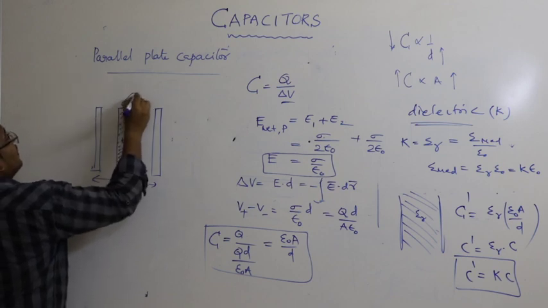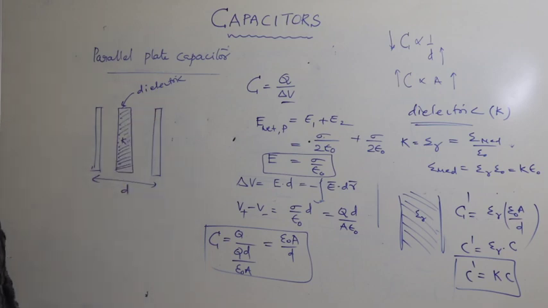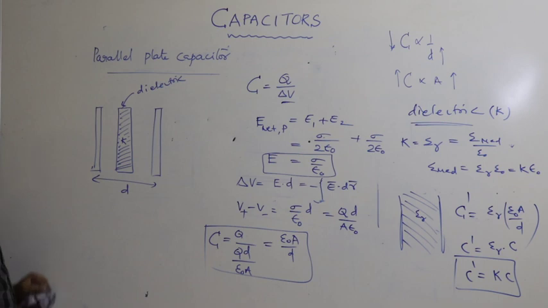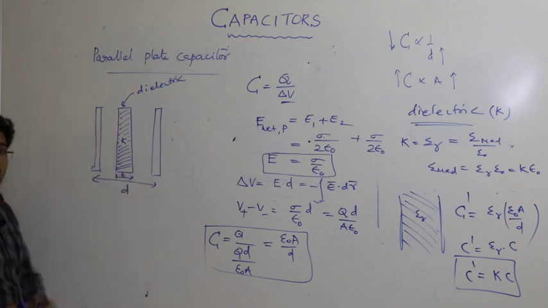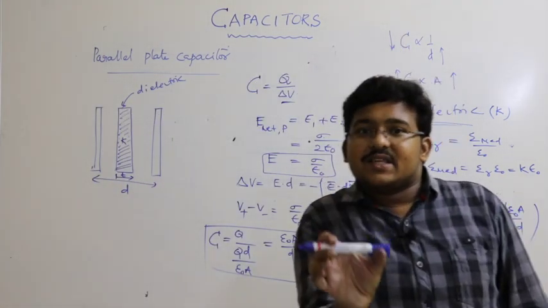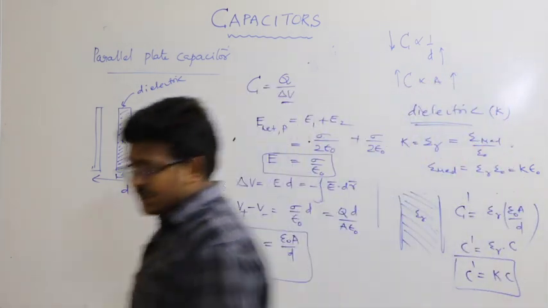This is the dielectric. Dielectric is nothing but simply an insulating material. So the thickness of this one is some T. Out of the entire distance D, only T thickness we place the dielectric. Then what might be the capacitance?